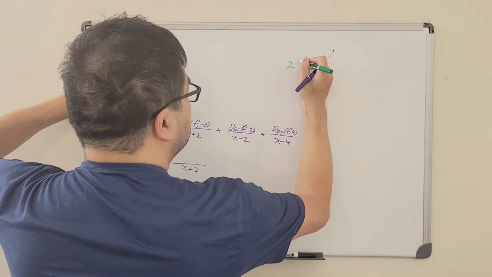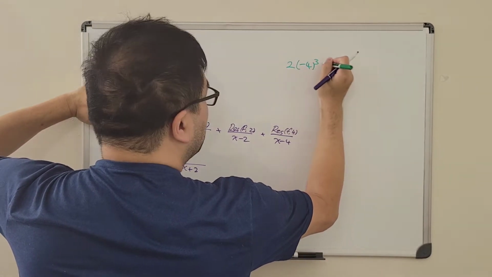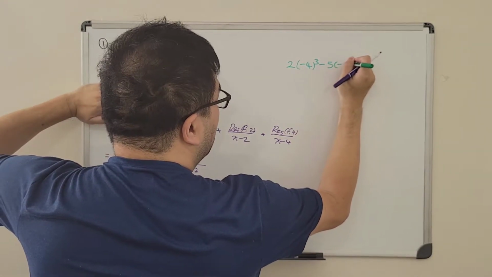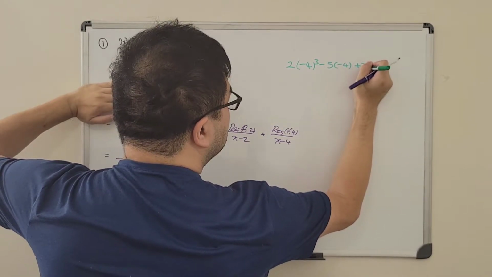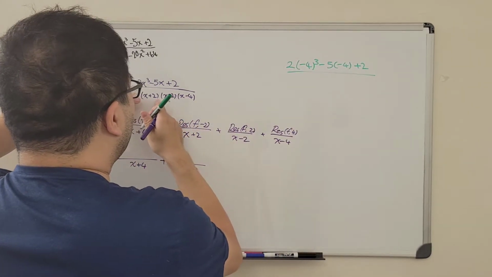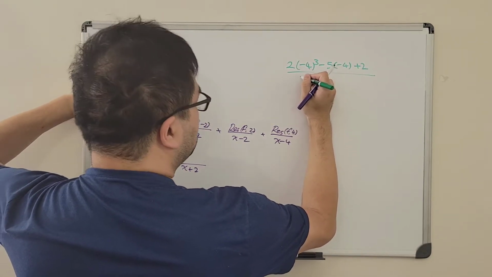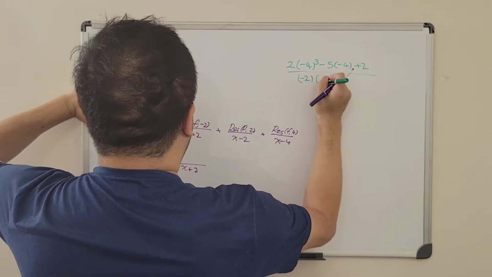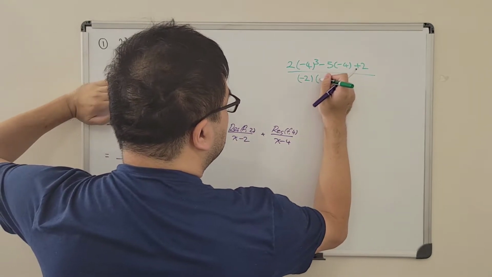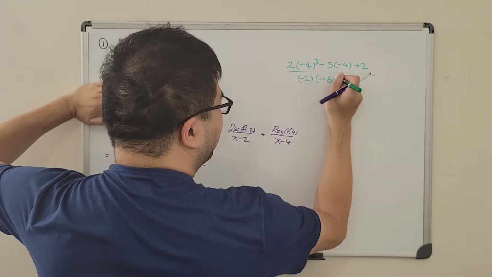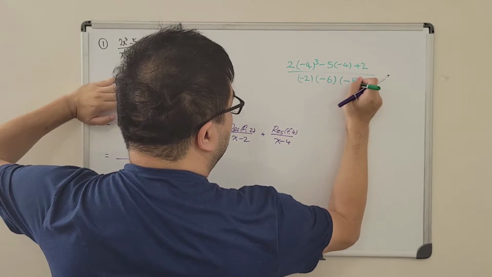So we get 2 times negative 4 cubed minus 5 times negative 4 plus 2 for the top part, all over the denominator, which gives us negative 4 plus 2, which is negative 2, times negative 4 minus 2, which is negative 6. And for the last one, we get negative 8.